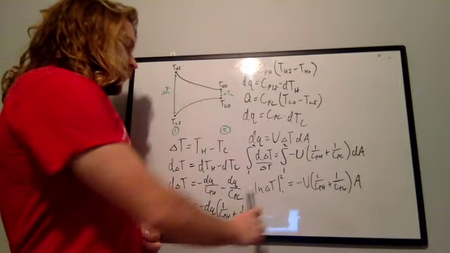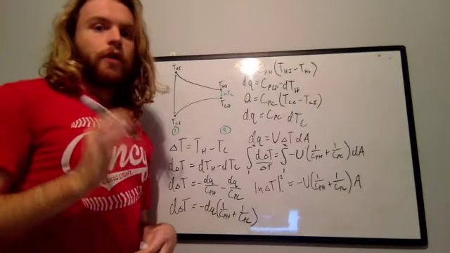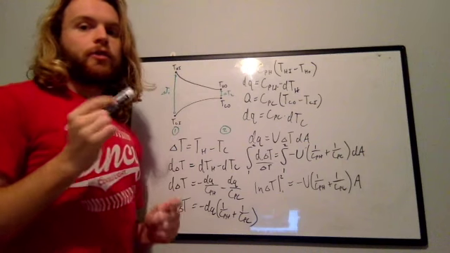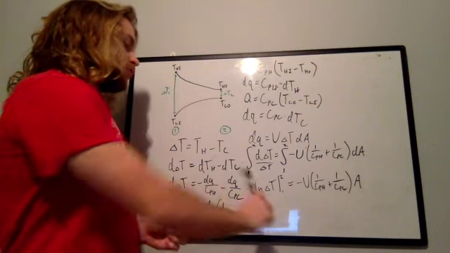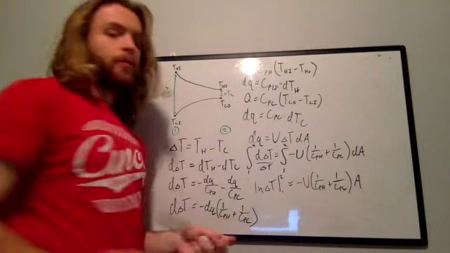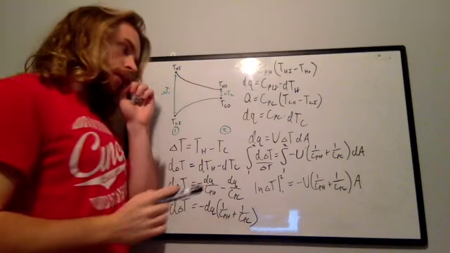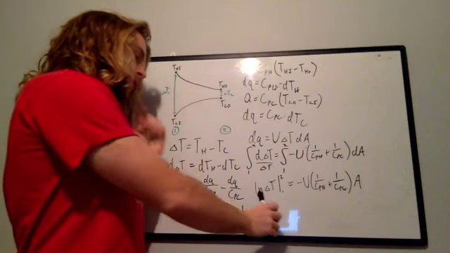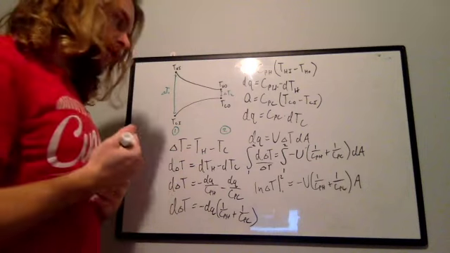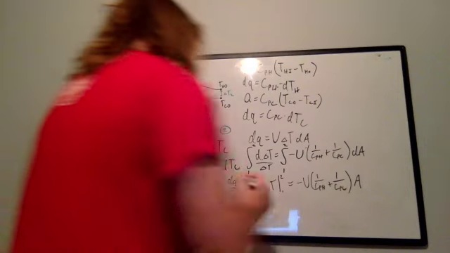All right, so when we evaluate our natural log function over here, this is going to become the natural log of the change in temperature at position 2 minus the natural log of the change in temperature at position 1, which we can go ahead and write out.